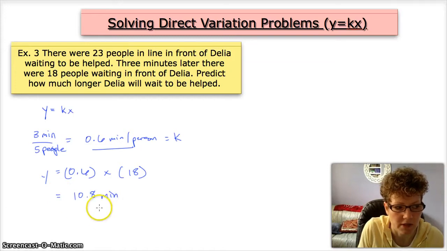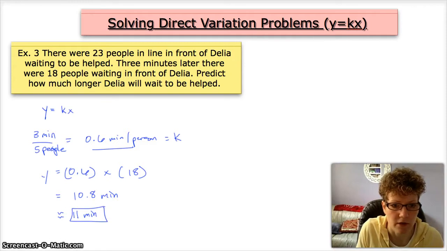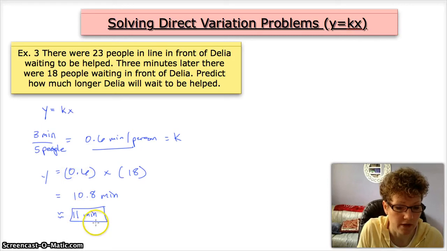So approximately, if we round that to 11 minutes, the estimated wait time is 11 minutes. So I found k, and then it says to predict how much longer. So for 18 more people, we multiply by the constant rate and figure out the wait time, which was approximately 11 minutes. Okay, so that's it for lesson 70 for pre-algebra.